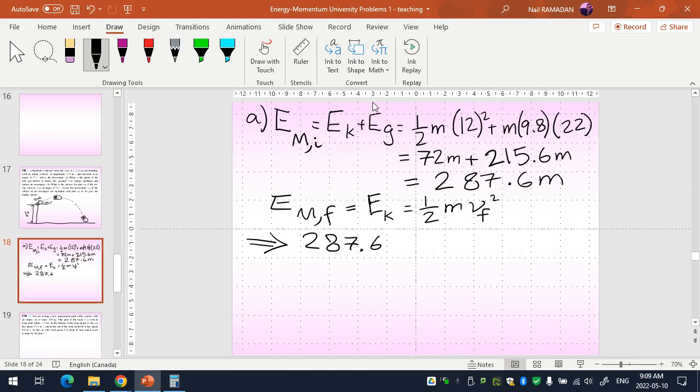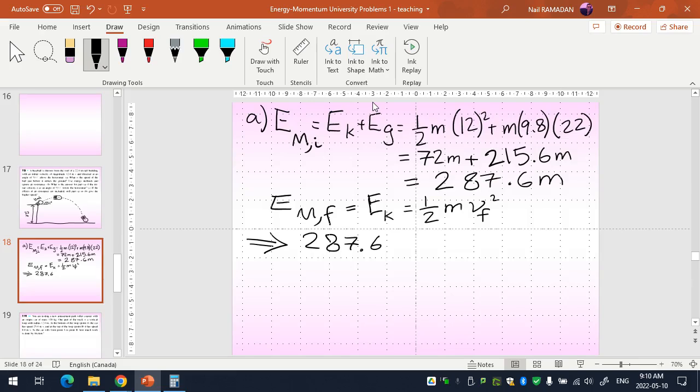It went up, which means it's still both moving and elevated, right? And then it goes down, which means it's still both moving and elevated. However, right before it touches the ground, practically, what's the elevation? Practically 0, which means all of the EG now seeps into the EK. So that's why I'm saying it's practically just the EK.